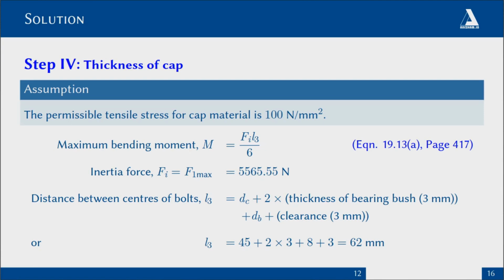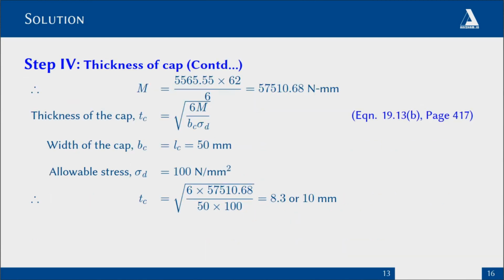dC is the diameter of the crank pin bearing, and dB is the diameter of the bolts. So the bending moment can be obtained as 57,510.68 Newton millimeter. Now from the equation 19.13b in page number 417, we can obtain the thickness of the cap tC, and the relation is tC equal to square root of 6M divided by bC sigma d.